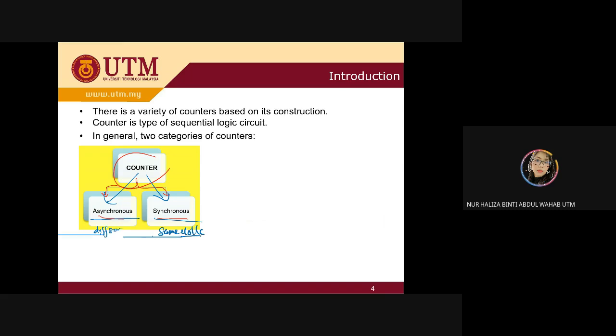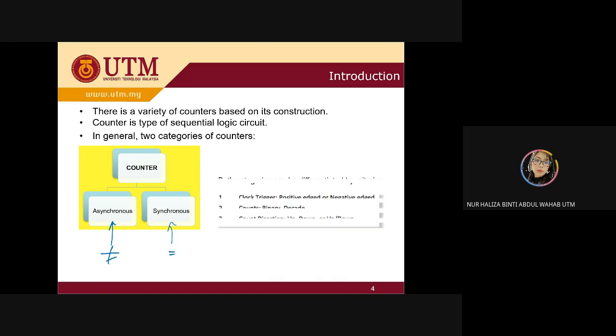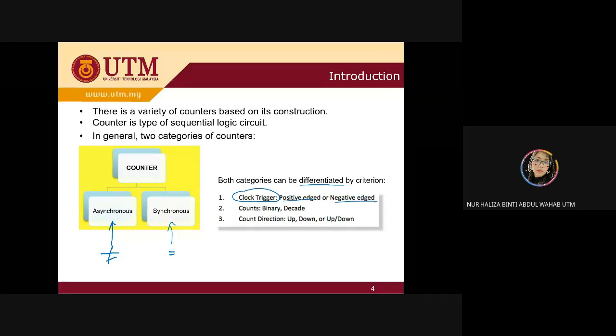So the source for the clock is different for the unsynchronized and the same for the synchronized. Next, both categories can be differentiated by the clock trigger, whether it is a positive or negative edge, by the counter, binary indicate, which you're going to see later, and lastly, by the count direction: up, down, or up and down.